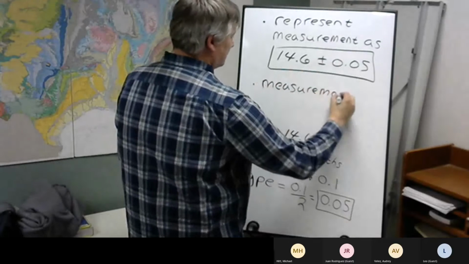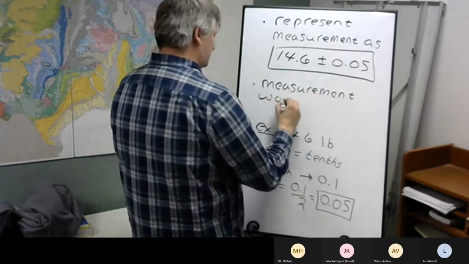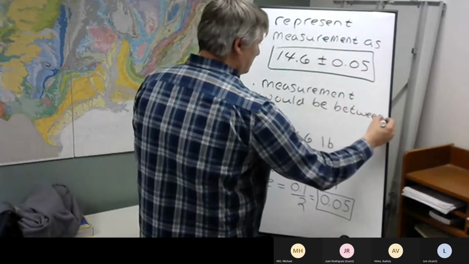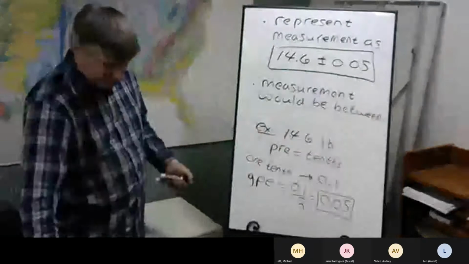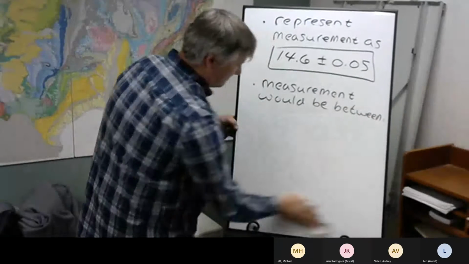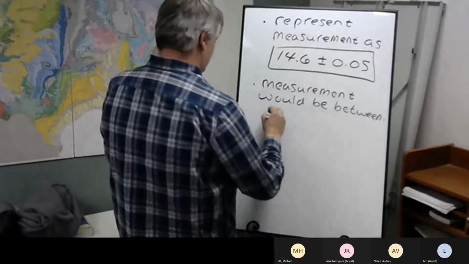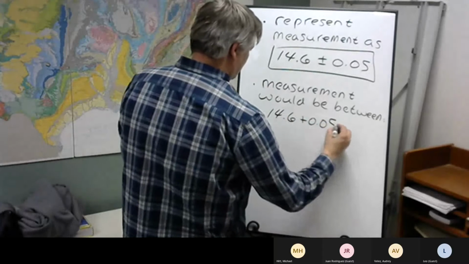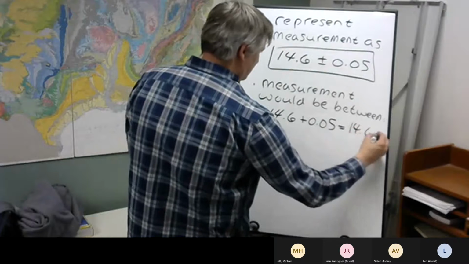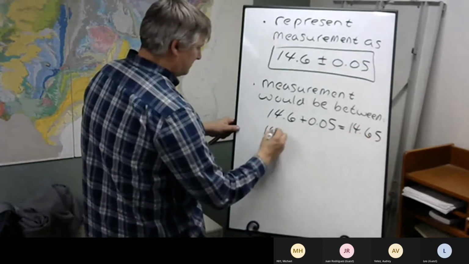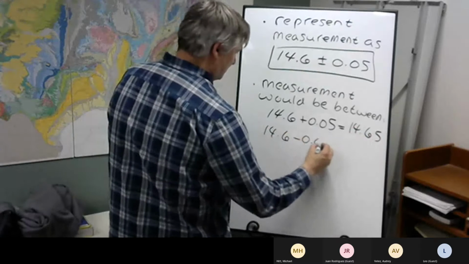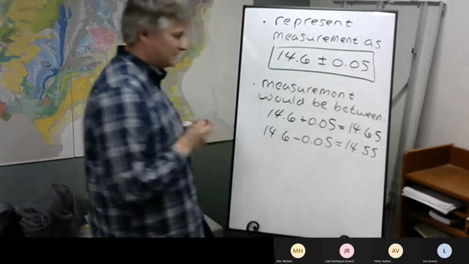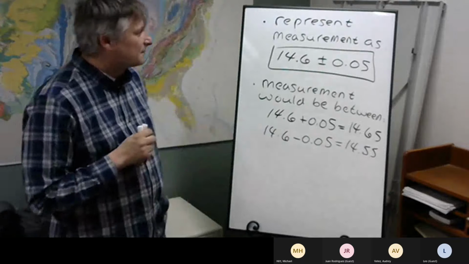And so what this means is our measurement would be between and so again, sort of like the concept of tolerance.